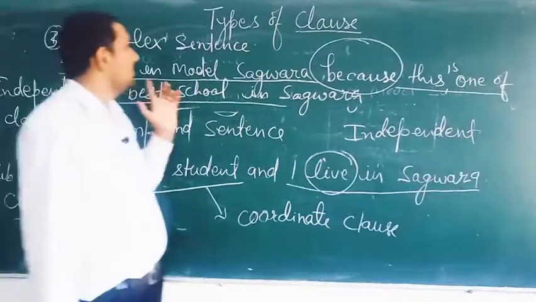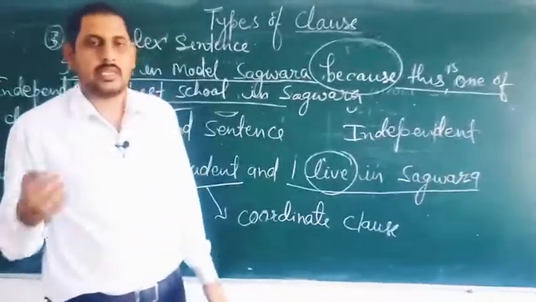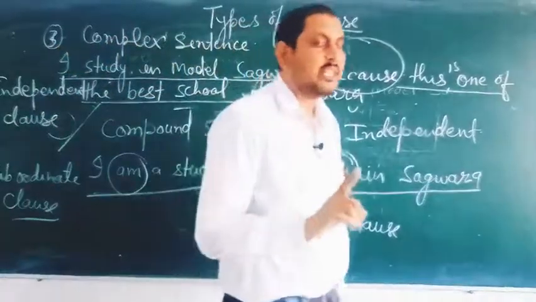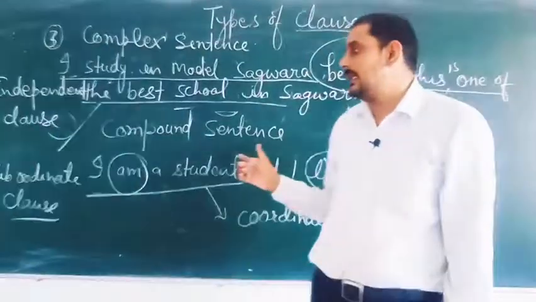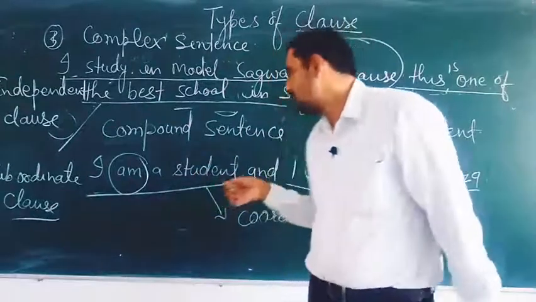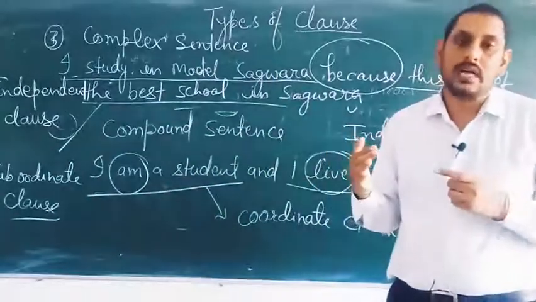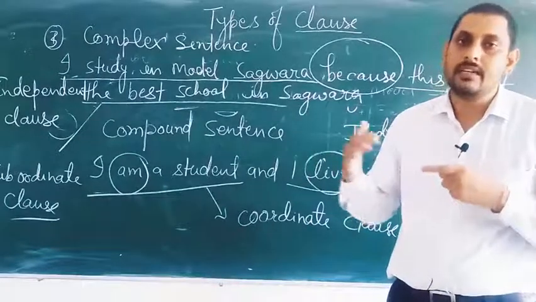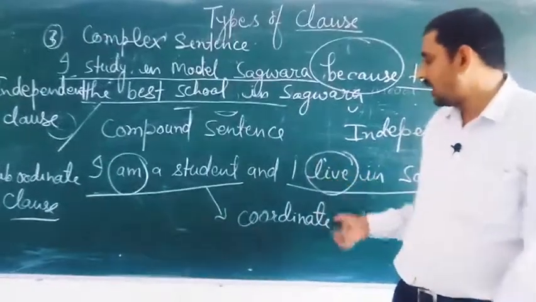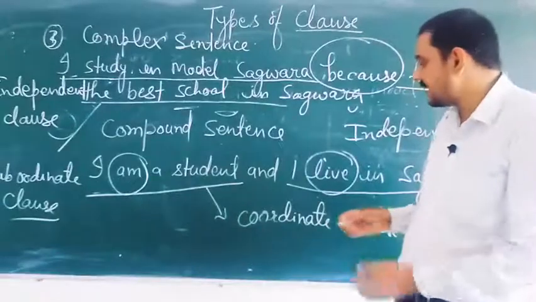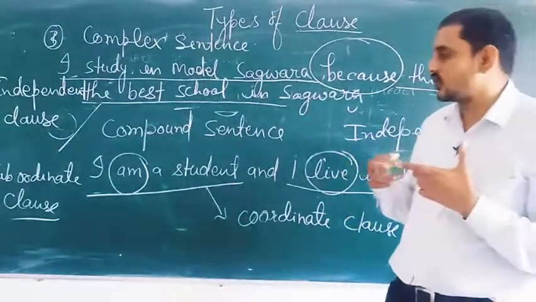Okay, so these are the three types of sentence. One is the simple sentence, which has a single finite verb. Second is the compound sentence, which is made of two or more clauses at the same, equal level, and both are coordinate clauses because they are connected with a coordinate conjunction.